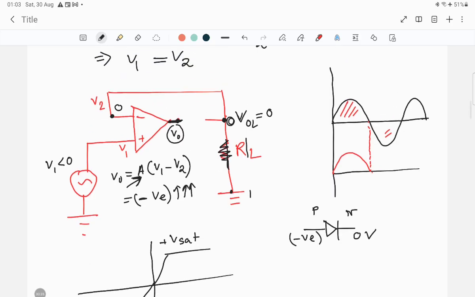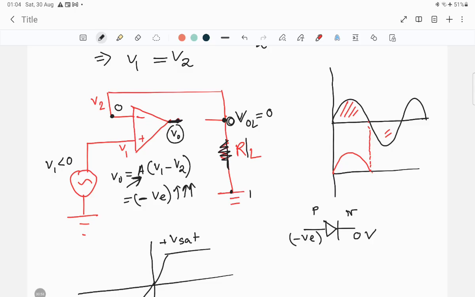But the major advantage of this type of precision rectifier is that it can work with a very low amount of signal, that is, lower than the threshold voltage. That's the main major concern of this precision rectifier.